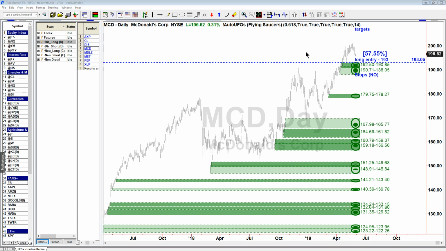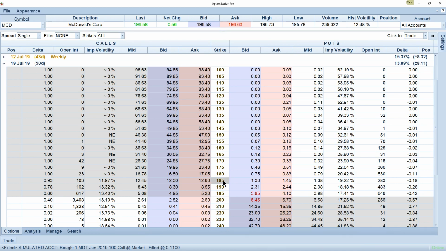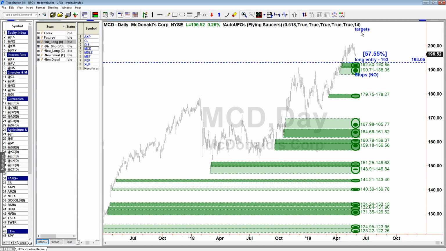Now, to build the trade, you will normally do a bull call spread, but precisely because you don't know where the target is, you cannot build a bull call spread, because remember, the bull call spread is made of buying a call and selling a call. So you would sell a call above your target and buy a call somewhere here. That would be how you build a bull call spread.